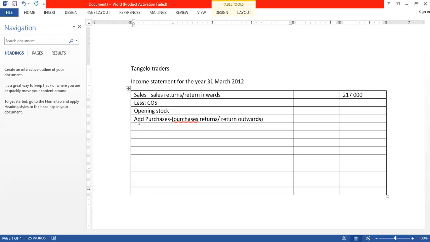The same as sales. If you have purchases returns, you make sure you subtract them first from your purchases, and that's where you record your amount here.